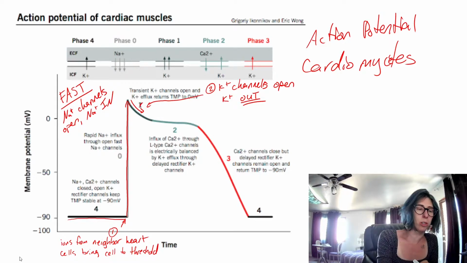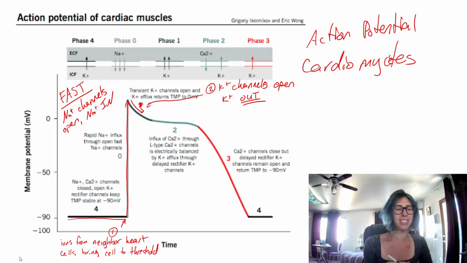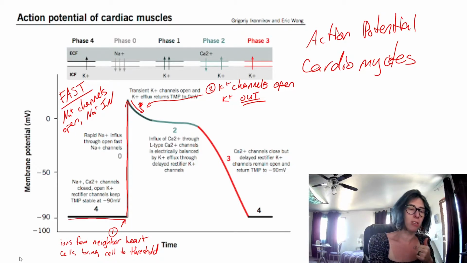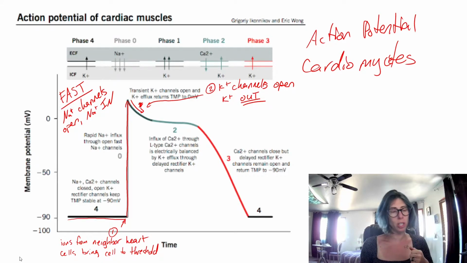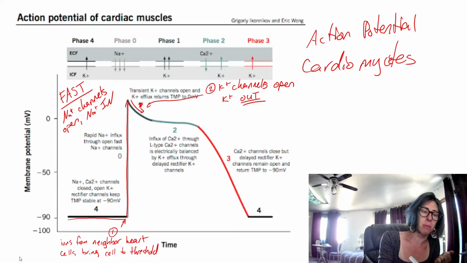So ignore the original numbers, I'm making my own numbers. The positively charged potassium is leaving. Positive charge is leaving, the inside of the cell is becoming more negative, so you're starting to get some repolarization here. But another thing is happening at the same time that makes this repolarization really slow. You get this kind of plateau here.